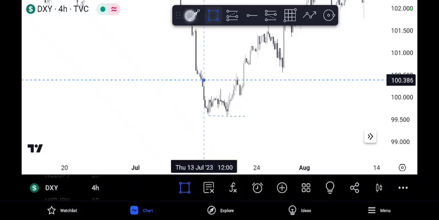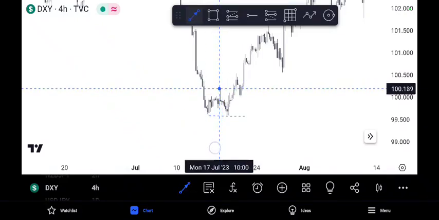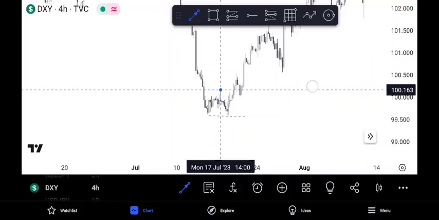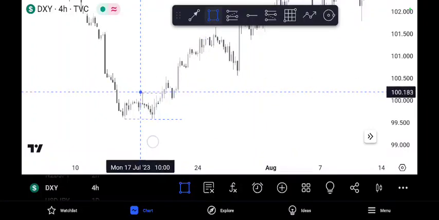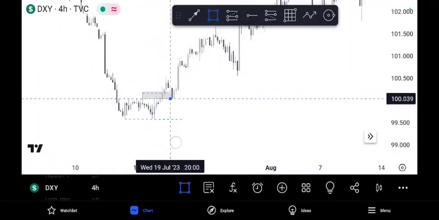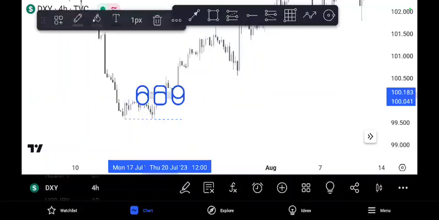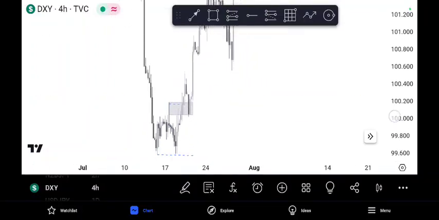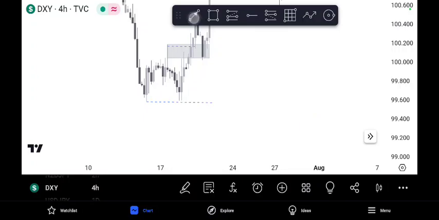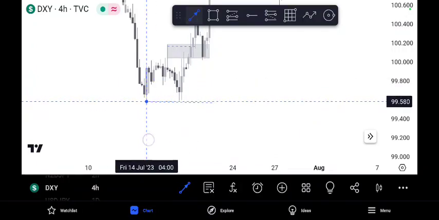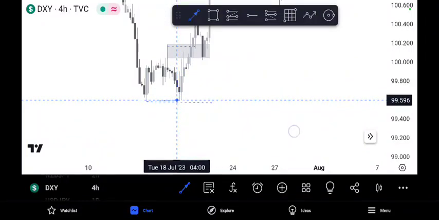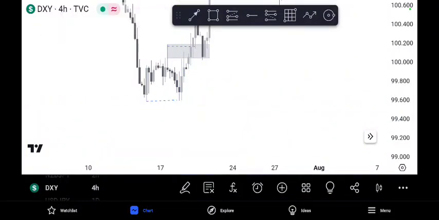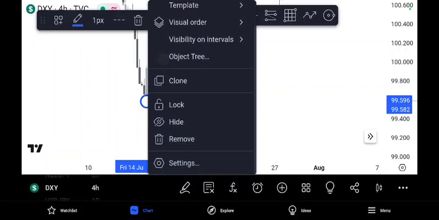Instead, price took out this, broke this, then came back to retest, and you see it. So we are eventually having here a swing failure. Here was a swing failure in this market.